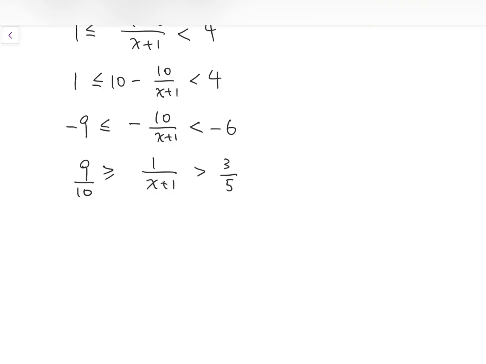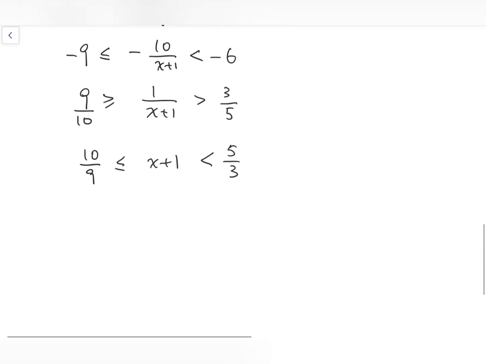Taking the reciprocal on each part, we have 10 over 9 is less than or equal to x plus 1, and then less than 5 over 3. And so we have the range x between 1 over 9 and 2 over 3.